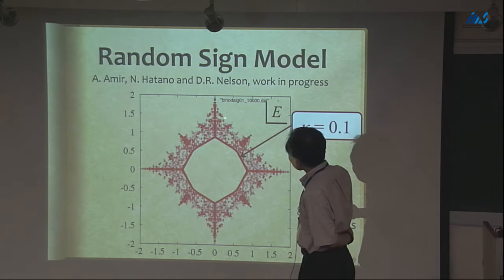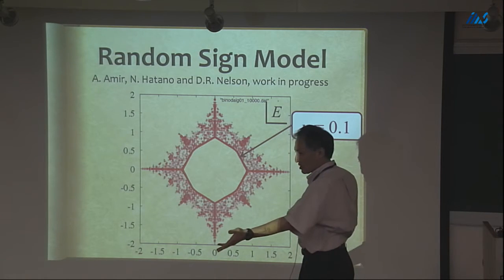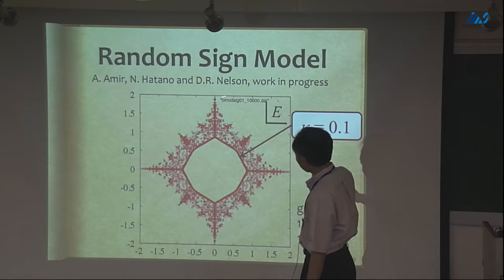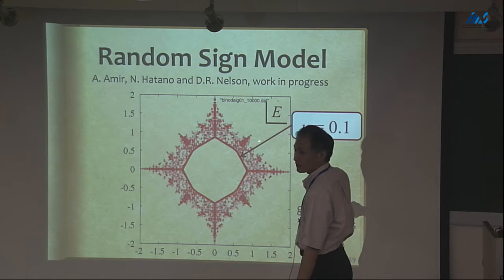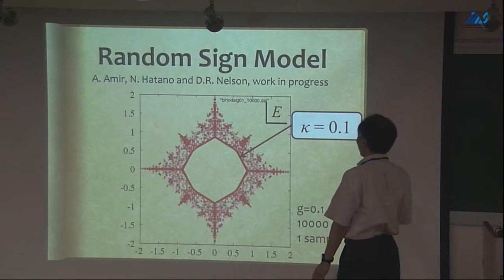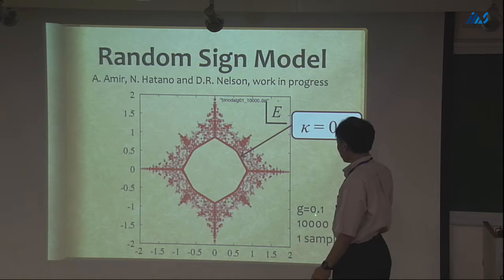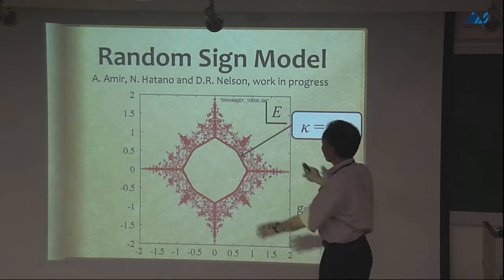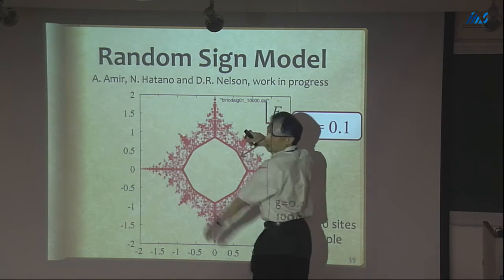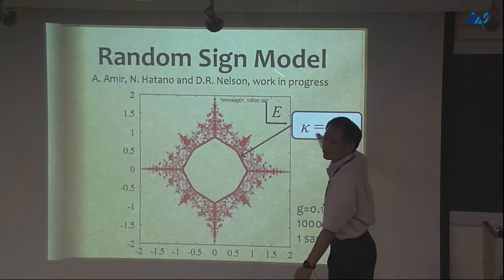I would assume you know better than me. This is supposedly a fractal curve. If I apply G greater than 0.1, then this becomes wider and wider, and eventually it's like this.